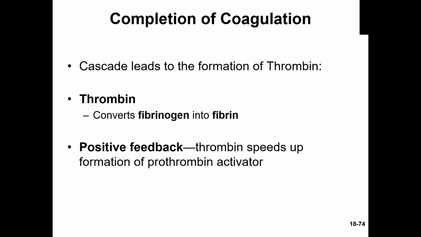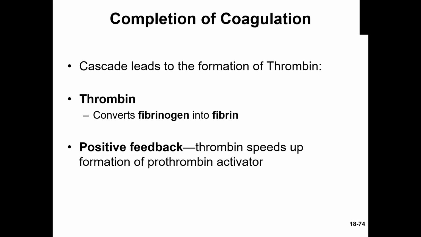These coagulation cascades will lead to the formation of a substance that we call thrombin. We probably have heard that, and even if we haven't, we've heard of thrombopoiesis. So that root word tells us we're doing something with platelets and coagulation. Thrombin that is released will then convert the fibrinogen, remember that, into the fibrin.